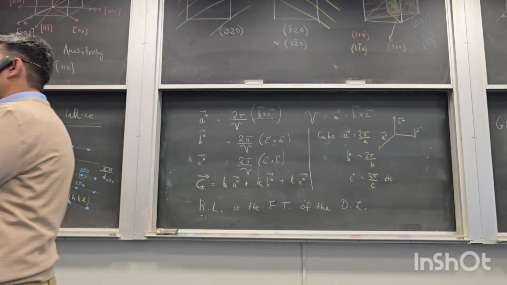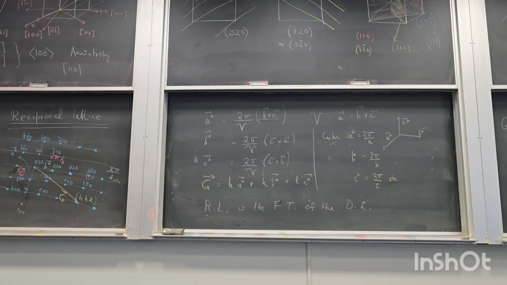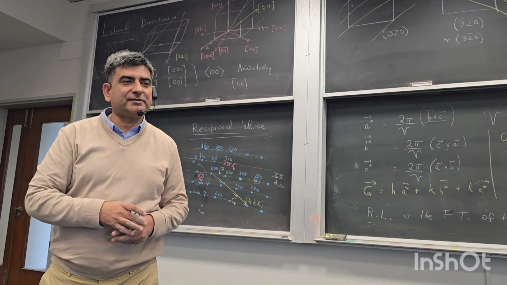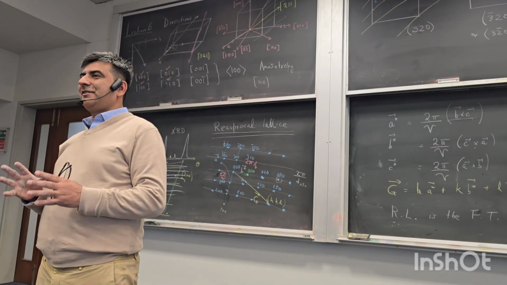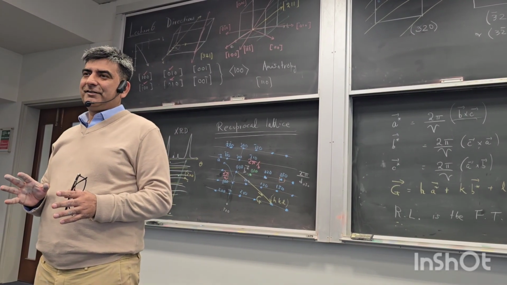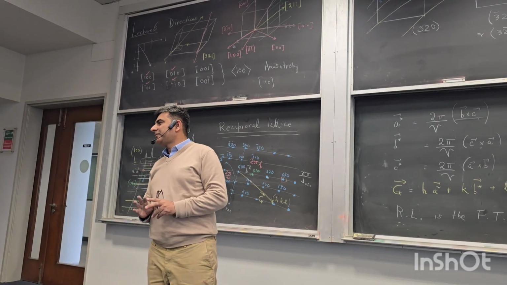If you have a face-centered cubic lattice in the direct space, you find the Fourier transform, you get a body-centered cubic lattice. So all of these are really important considerations for diffraction studies. Okay? So in the next lecture, we'll deal with diffraction.